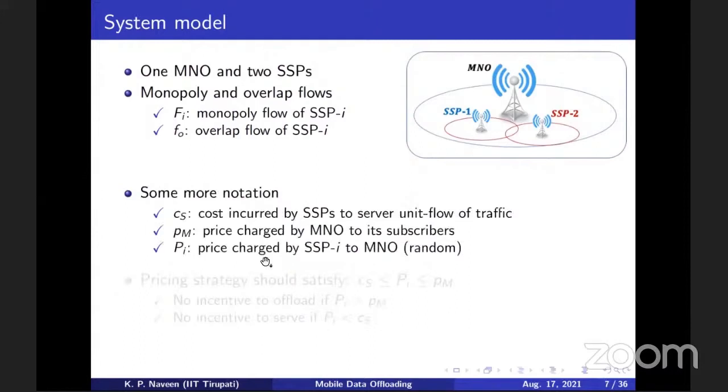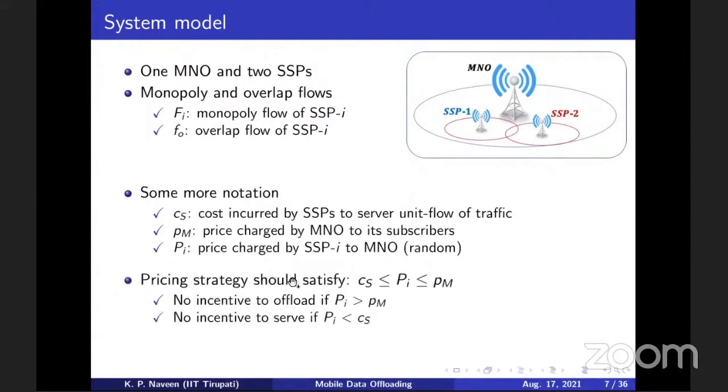Let's take note of one point here. This price strategy should fall in the interval between CS and PM. Why is that? If Pi is more than the price charged by the MNO to its subscriber, the MNO has no incentive to offload, so the price had better be less than or equal to PM.